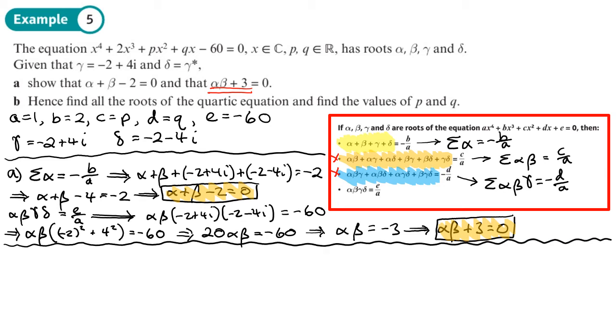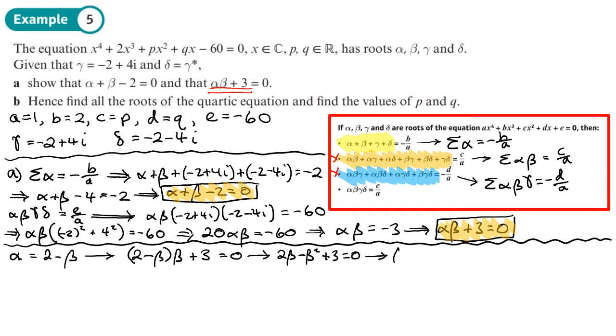Right, so if I take the first equation, and if I write it as alpha equals 2 minus beta, I'm going to substitute that into the second equation. So I will get 2 minus beta times beta plus 3 equals 0. So that will give me 2 beta minus beta squared plus 3 equals 0.